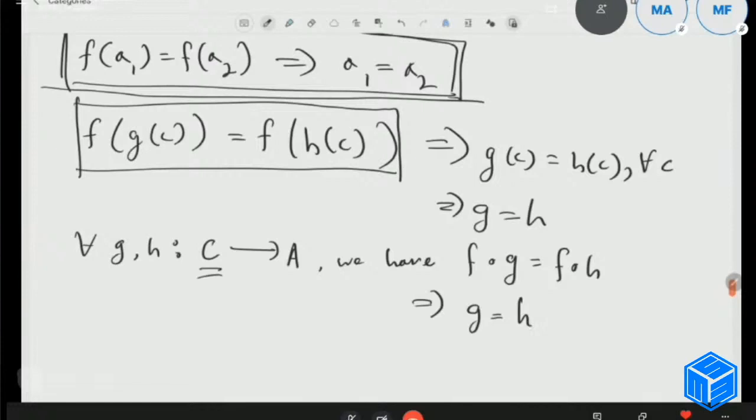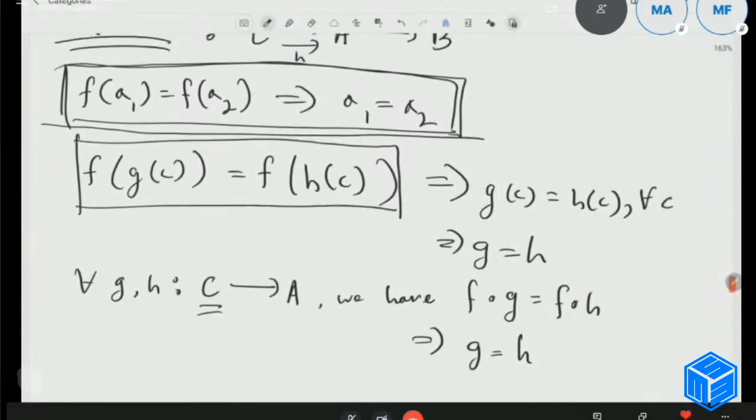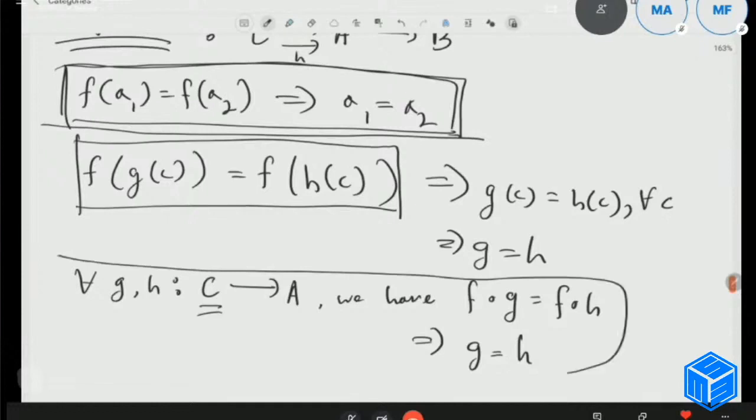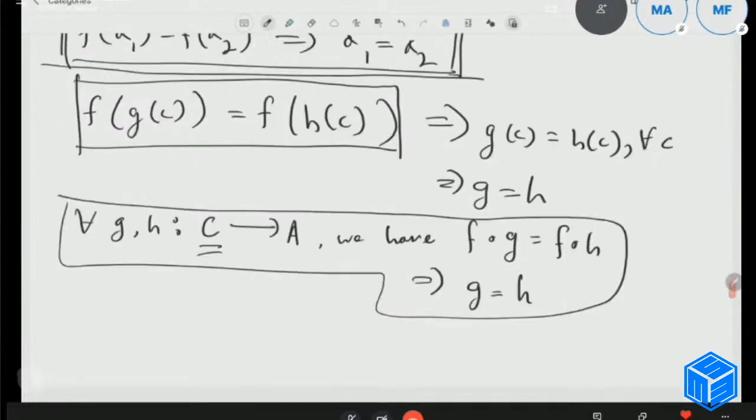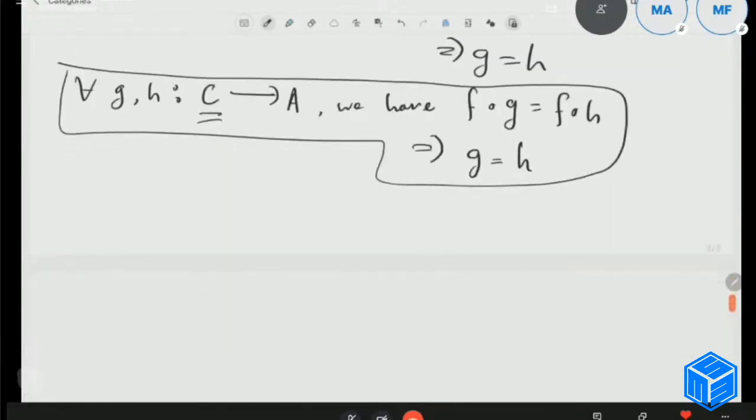Okay, can we start with this assumption and show that it makes F injective? I think we can. Let's see. So now, assume this.